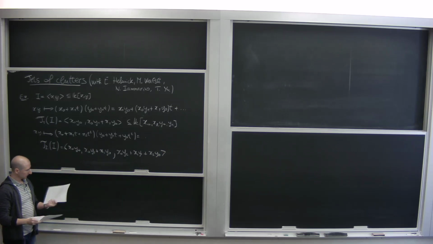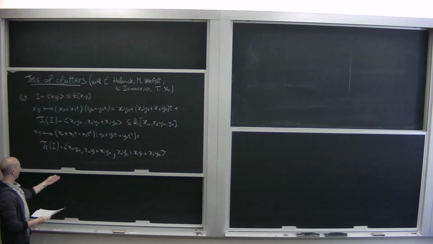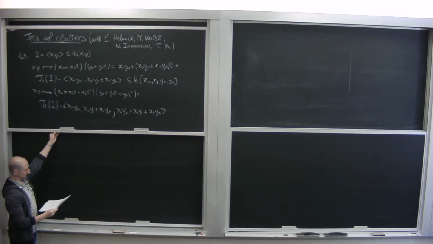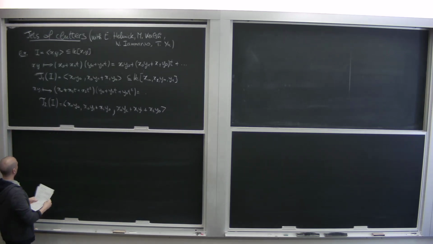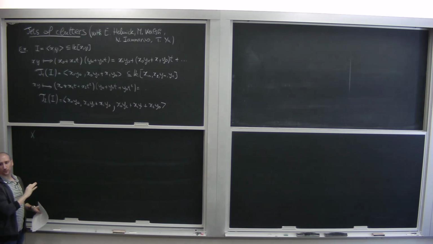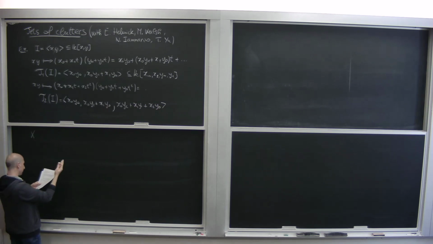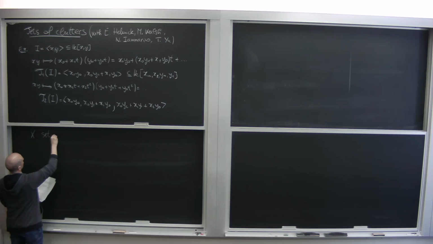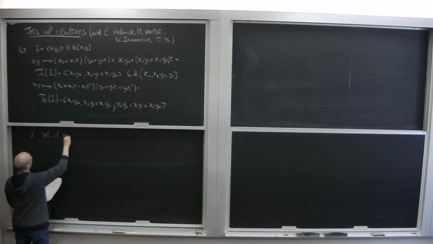Let me put down a general recipe that will also show some of the notation that I use. I would prefer to avoid variables if I can, so I try to do this in a not quite, but almost, coordinate-free way. I'm going to say x is a finite set of indeterminates, a set of variables.